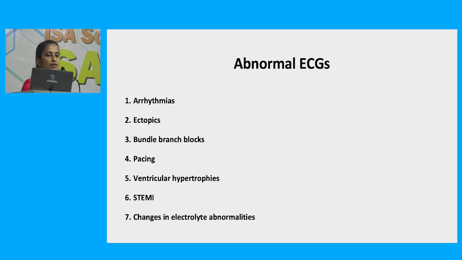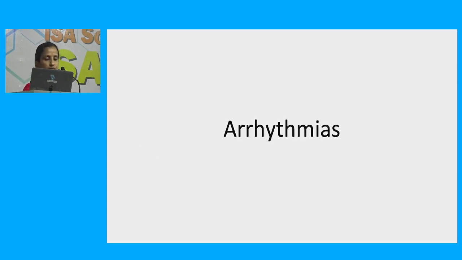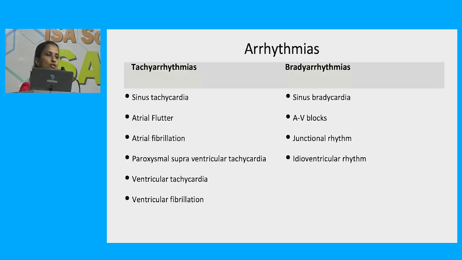So my postgraduate has compiled ECGs of arrhythmias, ectopics, bundle branch blocks, pacemaker ECG, hypertrophies, ischemic heart disease, and changes in some electrolyte abnormalities. First we will discuss the ECGs of arrhythmia. Arrhythmias could be tachyarrhythmias or bradyarrhythmias.